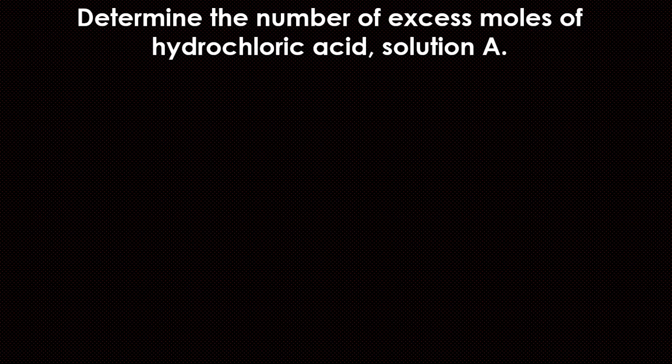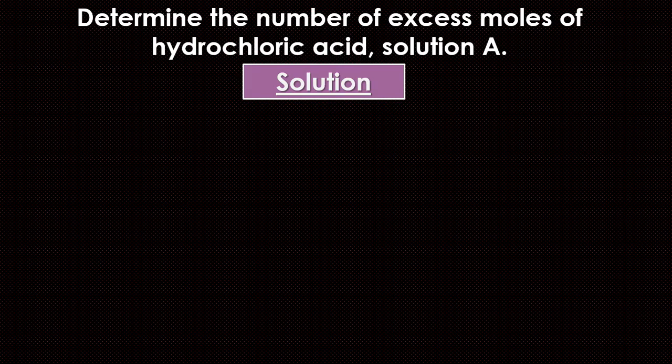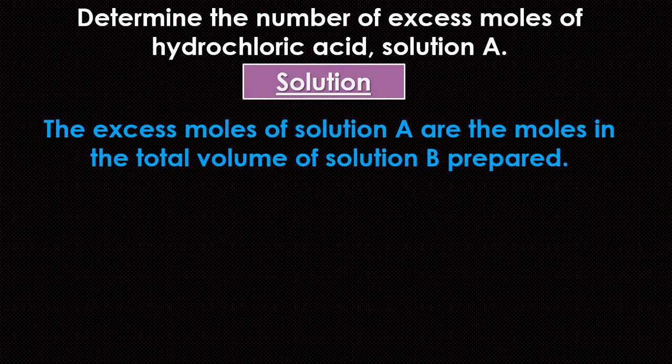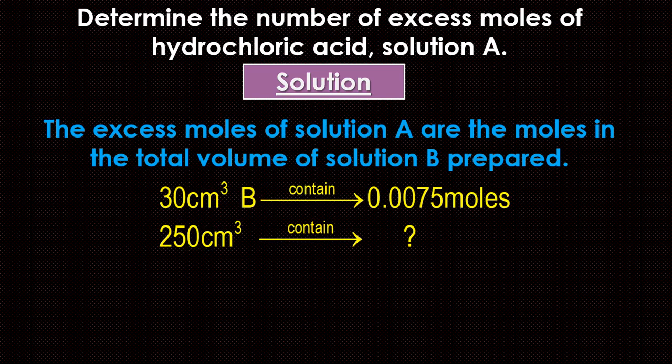To another question, determine the number of excess moles of hydrochloric acid solution A. I want us to recall that all the excess moles of solution A were made up to a total volume of 250 ml. Therefore, what we need to find here is the number of moles in this solution B that was prepared, the total volume. Already from the previous question, we've seen that 30 cubic centimeters contains 0.0075 moles.